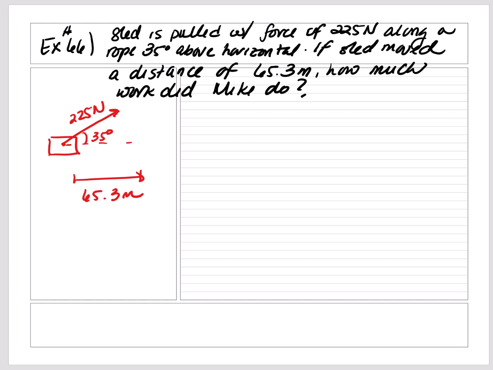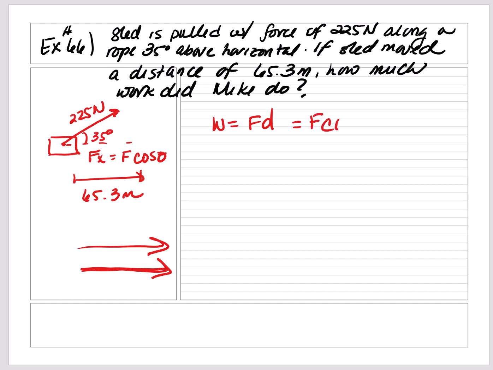So in order to do work, we know work is equal to force times displacement. We know it is going to the right. The force that is given is at an angle. So what I need to do is find the force that is parallel to this displacement. And if you notice, that is Fx. Since it is next to the theta, that's going to be F cosine theta. So if I plug this in, this is force times cosine theta times my displacement.